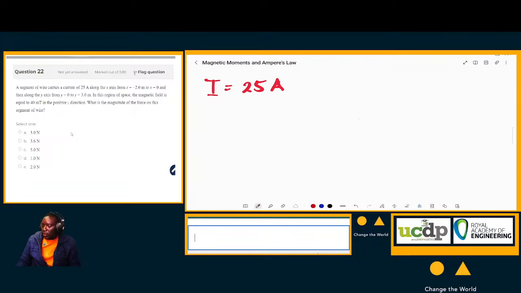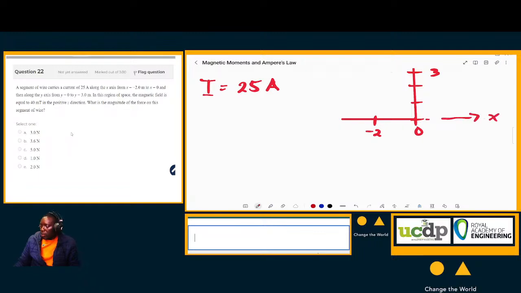So here's a picture of what's happening, with the x-axis and y-axis, from -2 to 0, and from 0, 1, 2, 3 on the y-axis.